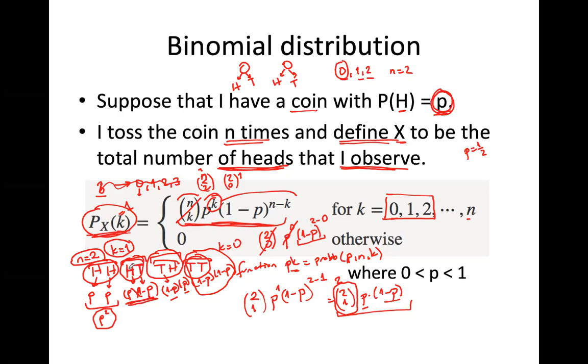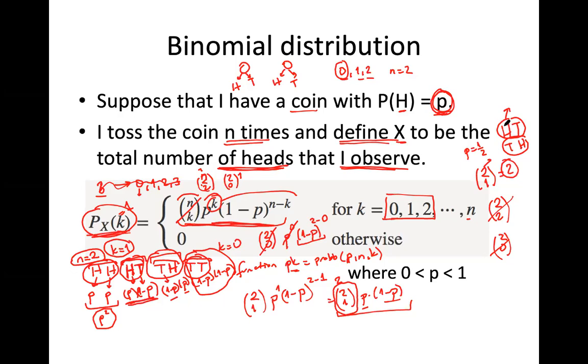Heads might come in the first flip or in the second flip. That's why I say combination of 2 and 1. If it is 2 heads, then it is combination of 2 and 2. If it is no heads, combination of 2 and 0. There is only 1 here. But here I have 2 options. Why do I have 2 options? Heads, tails or tails, heads. They can replace each other. They can come in the first place or second place.